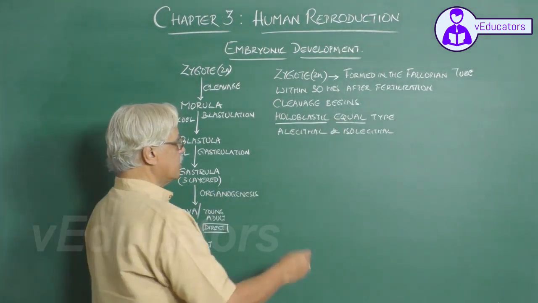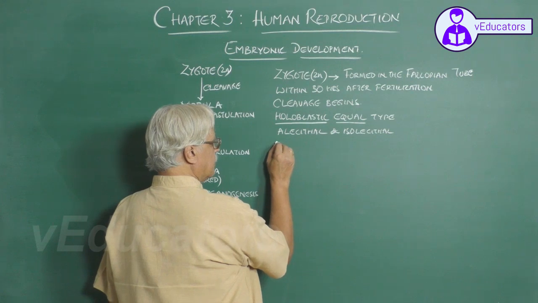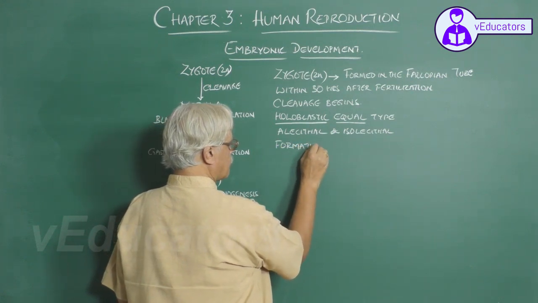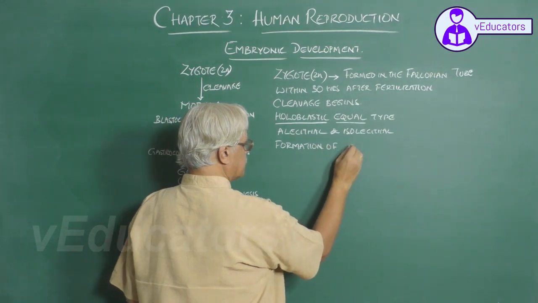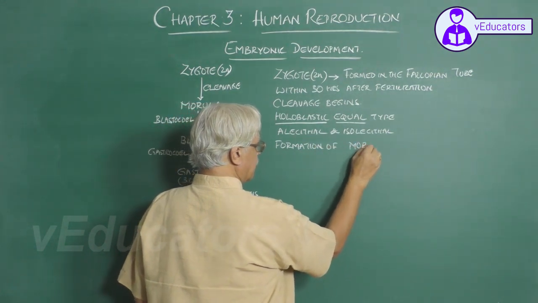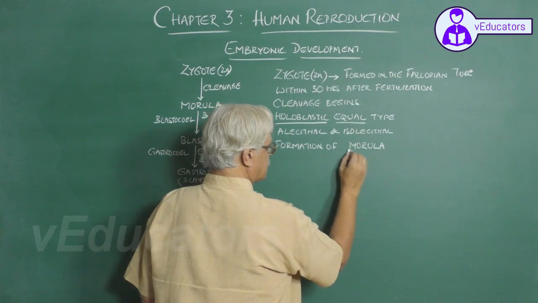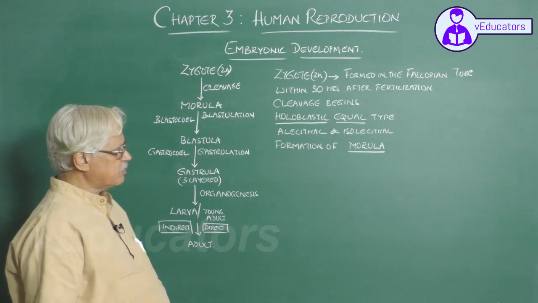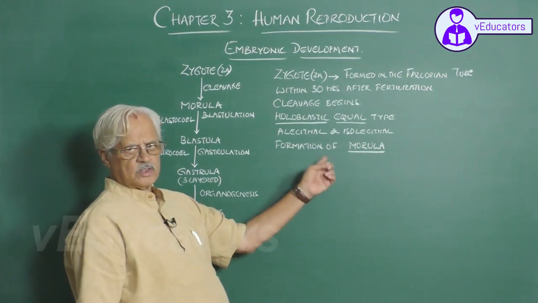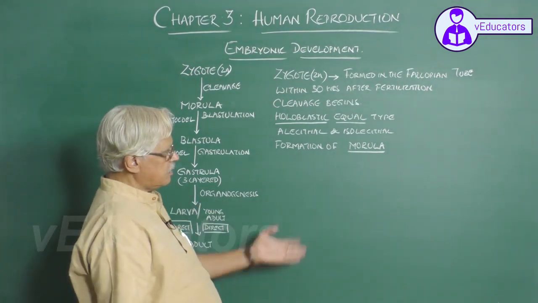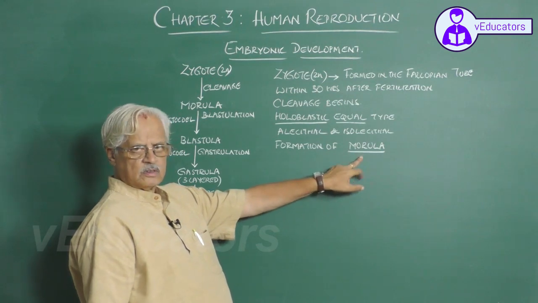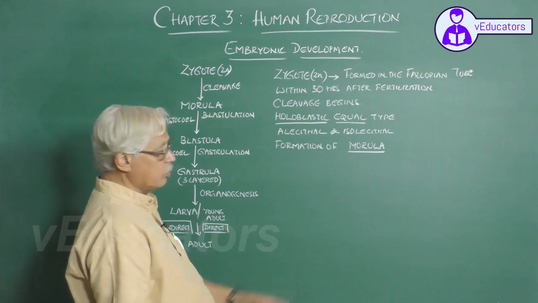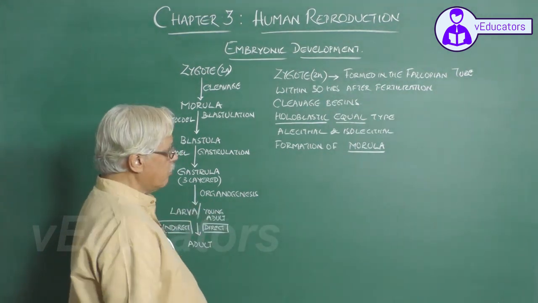This holoblastic equal cleavage results in the formation of a ball of cells, the first recognizable embryonic stage, that is called morula. First cleavage 2 cells, second cleavage 4 cells, third cleavage 8 cells, then 16, 32, and so on. Morula.